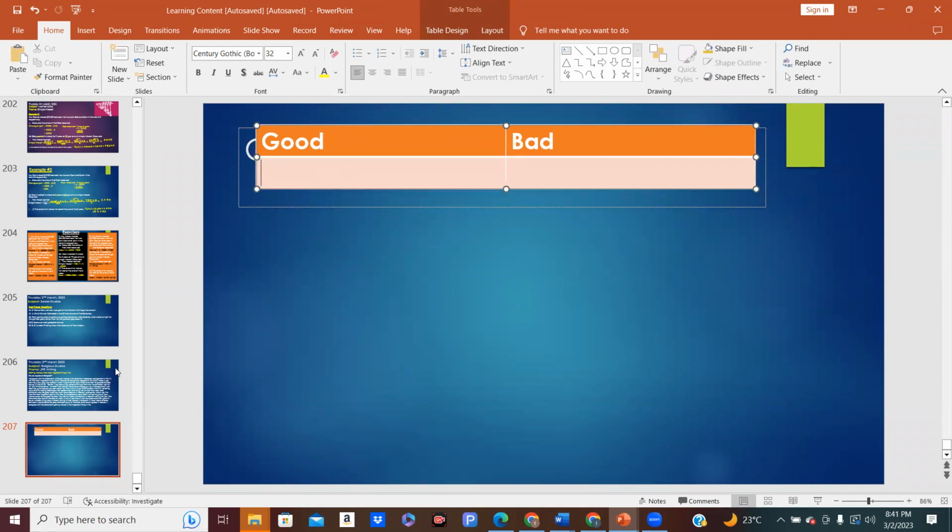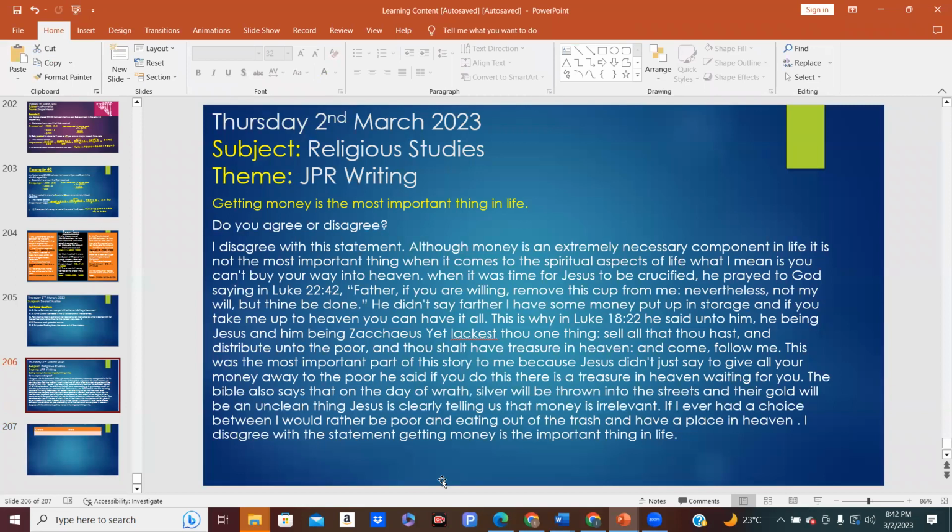First of all, the opening statement and the closing statement. The amount of points. How many points should we look for? Around 4 and above. Four is enough, but 4 and above is excellent.